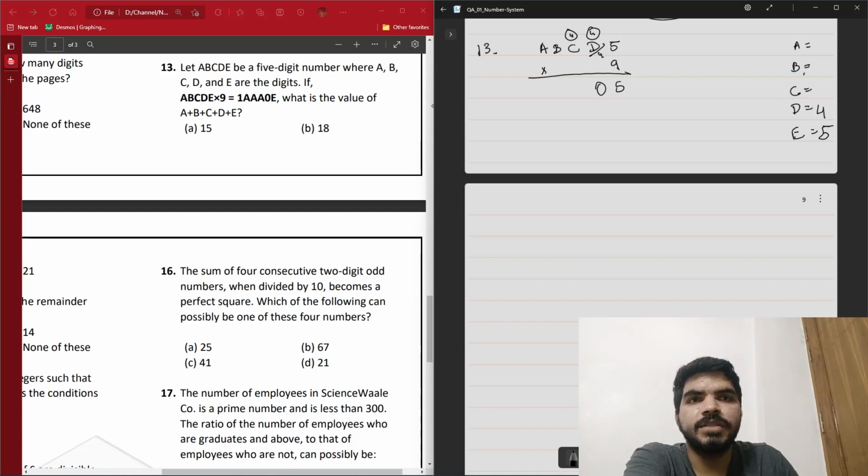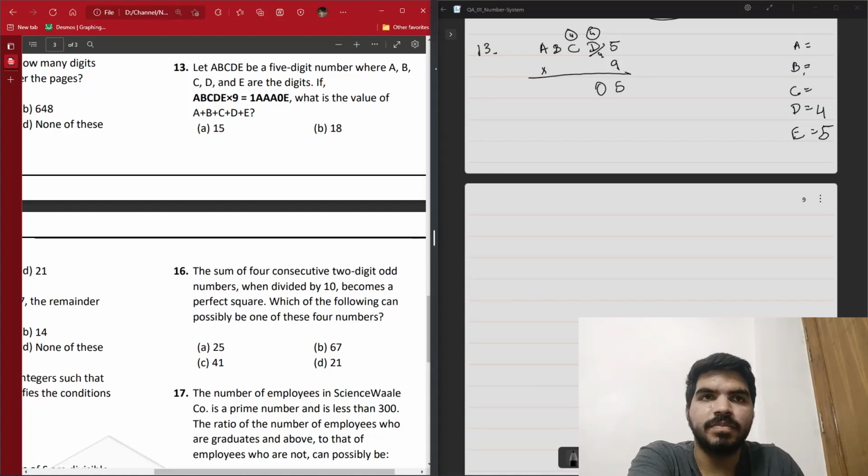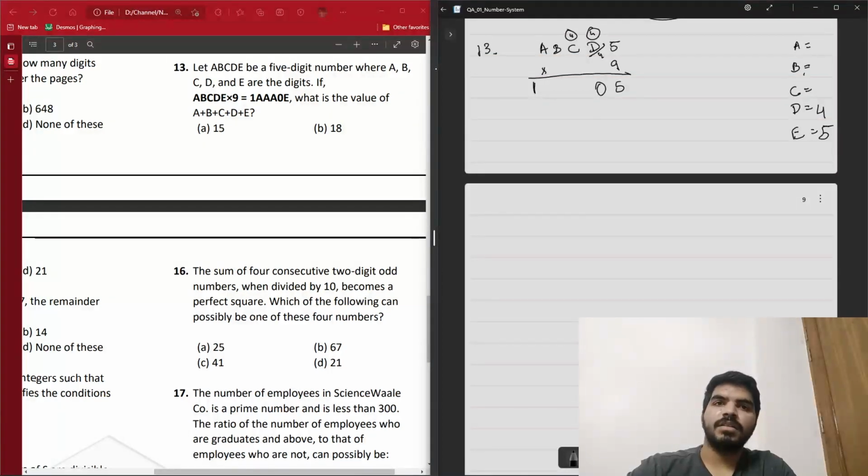Let's go in the reverse way. 9 multiplied by A. At the end, we might have some carryover, and we will, because this has 6 places and the original number has 5 only. Obviously it will have a carry, and the middle part is not 0. So for 1 to be there, 9 multiplied by what number, plus some carry, will give 1?